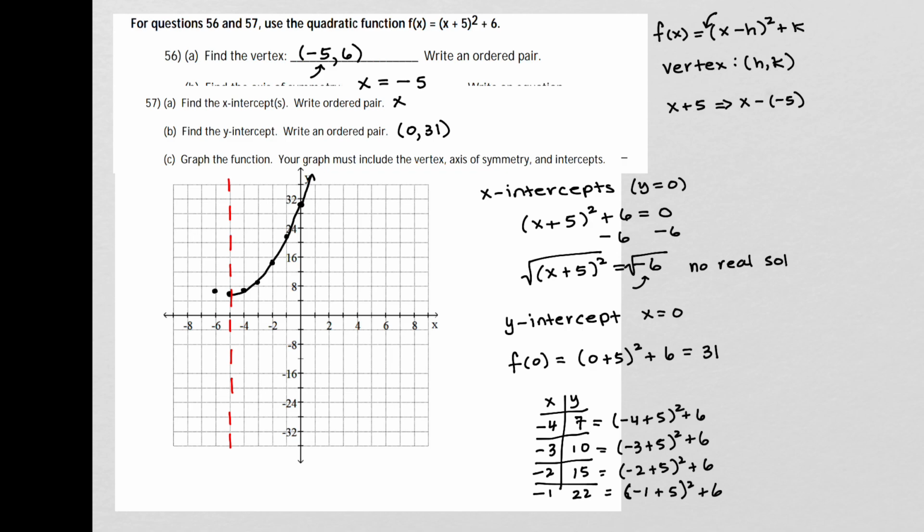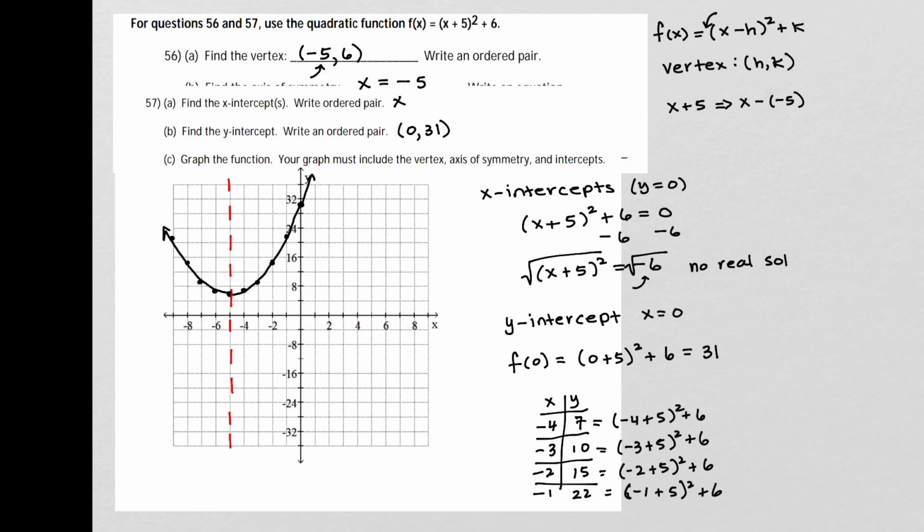And then at negative 7, we would have to be here to match negative 3. And then for negative 8, we would be here. And for negative 9, we're going to be here. So you can see how those match across the axis of symmetry.